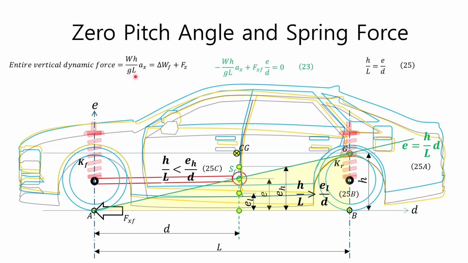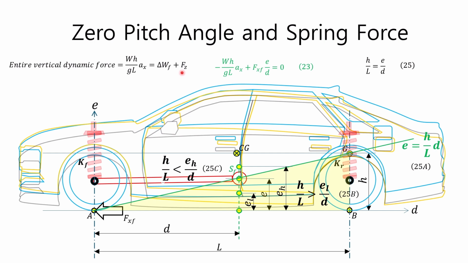In this case, since the total vertical dynamic load of the vehicle is constant, the direction of action of the spring force, delta WF, is reversed, and the absolute value increases as the virtual reaction point moves upward. In the region above the green line, the spring force, delta WF, and the force, Fz of the suspension links act in opposite directions.